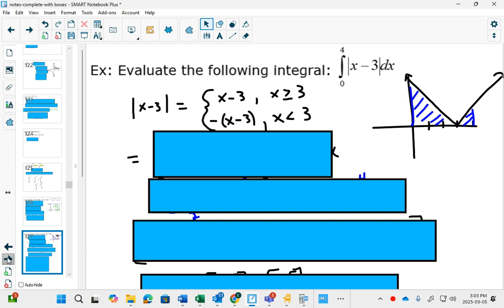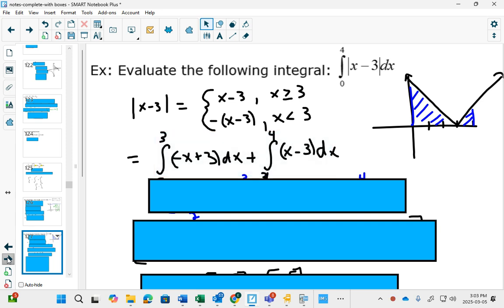But whenever the x values were less than 3, the inside would be negative, and the absolute value would make that negative number positive. Algebraically, we can make a negative number positive by just multiplying by a negative. So the ability to write an absolute value as a piecewise function means we can break up this integral into two pieces.